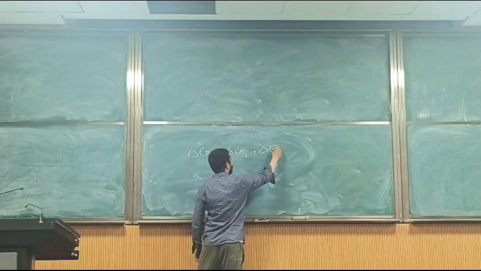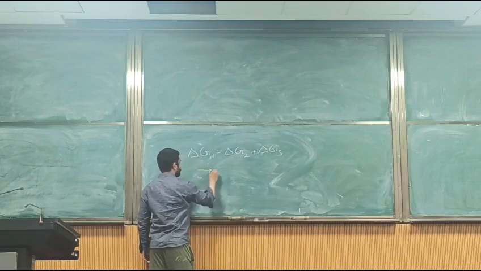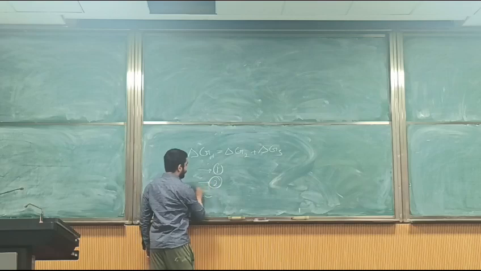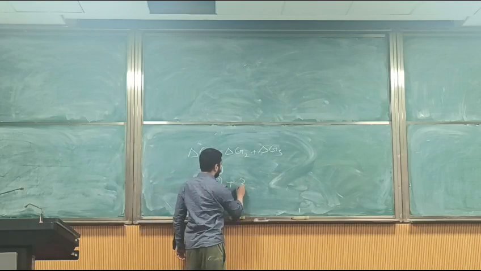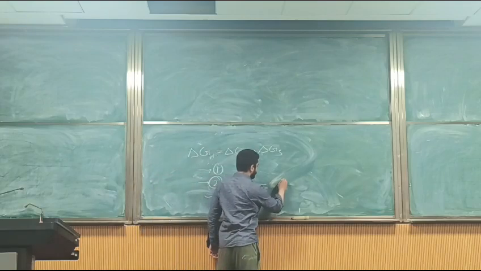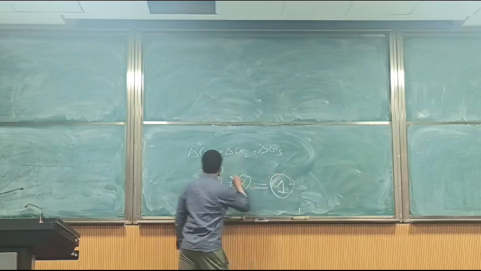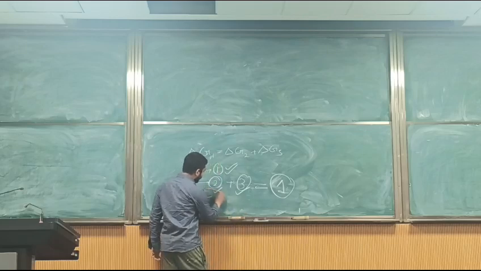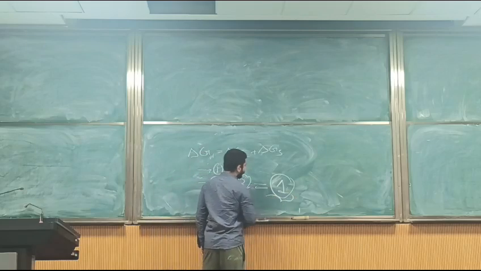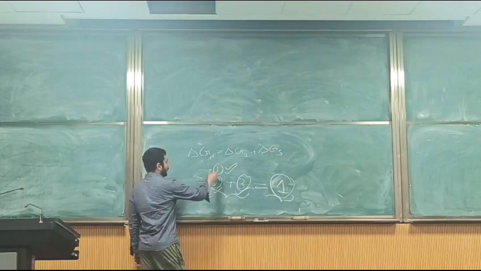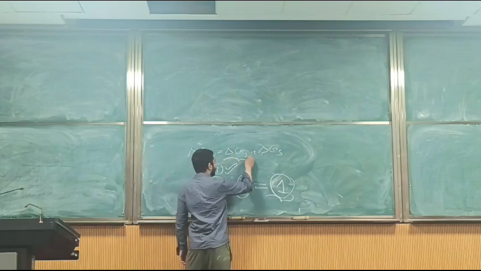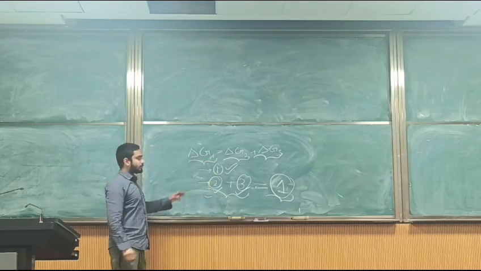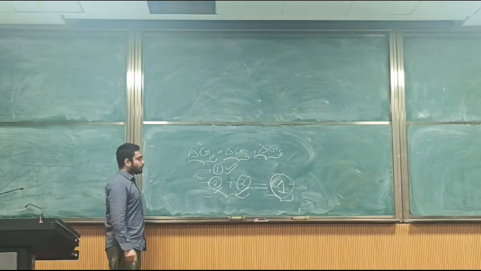Suppose this is a first reaction and these are a second and third reaction, and by adding the second and third reactions we can make the first reaction. So delta G2 plus delta G3 is equal to delta G1. So we can add or subtract the value of the Gibbs free energy.